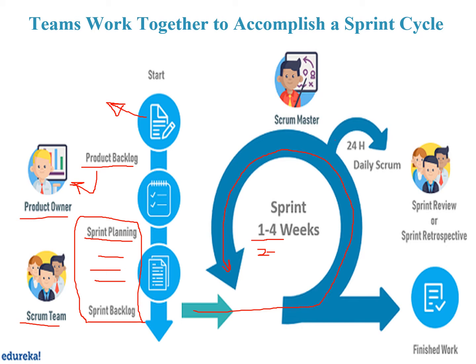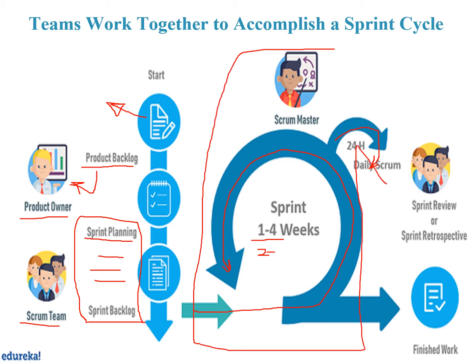And then we have the daily Scrum, which, as we said, is just to review and ensure communication between the process, and the one who is controlling and supervising the sprint is the Scrum Master. After that, we do the sprint review or the sprint retrospective, and this one is based on the review of the customers or the users.